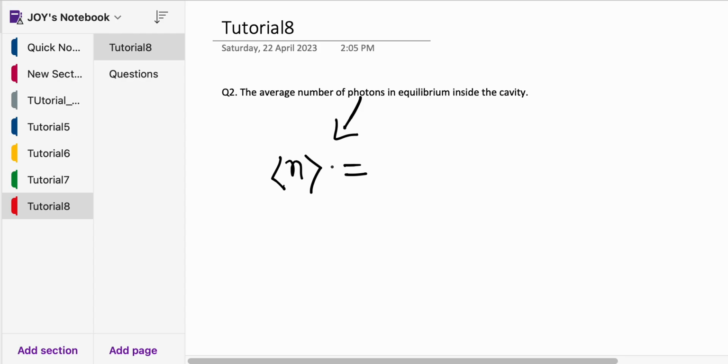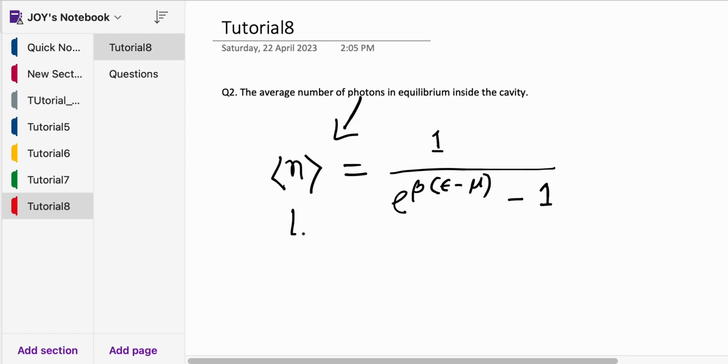The average particle number is 1 by e to the power beta epsilon minus mu, minus 1.